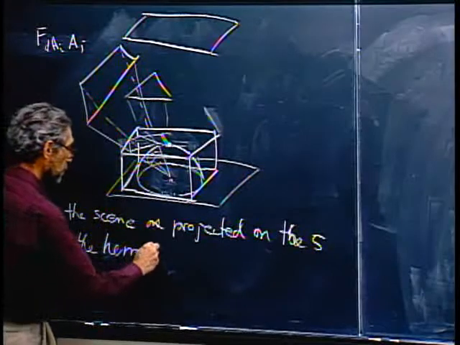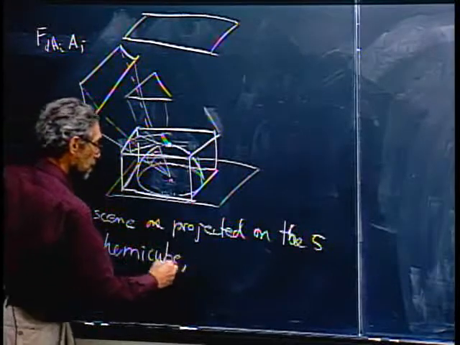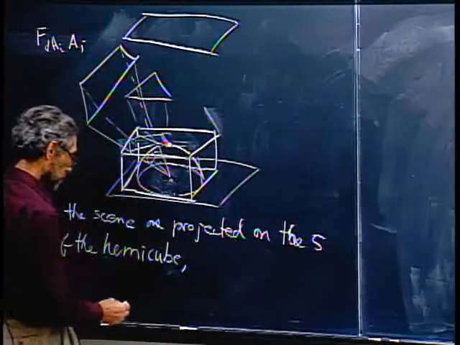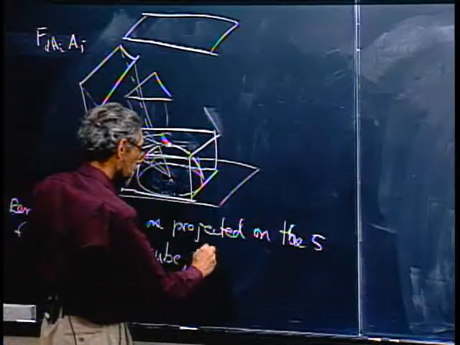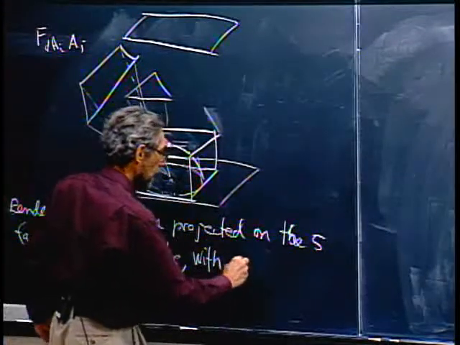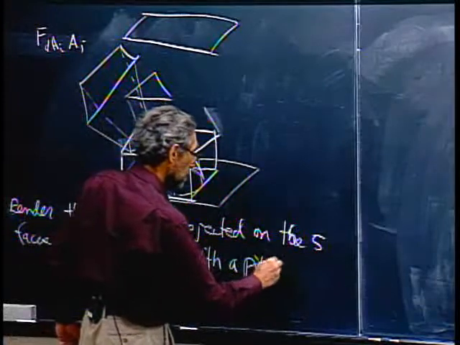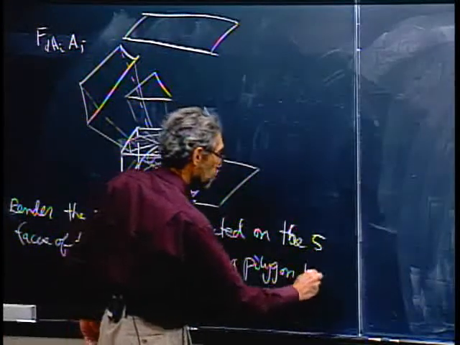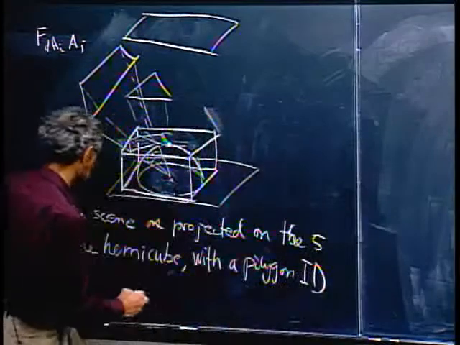Hemicube because it's half of a cube. Hemicube with a polygon ID, that's an integer from 1 to the number of polygons, instead of a color.